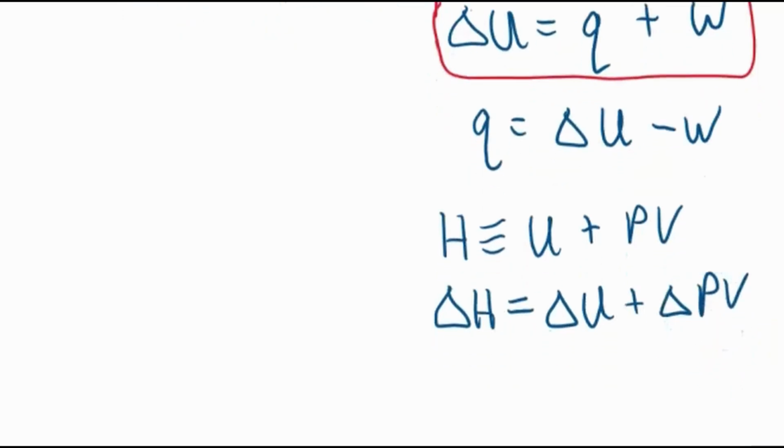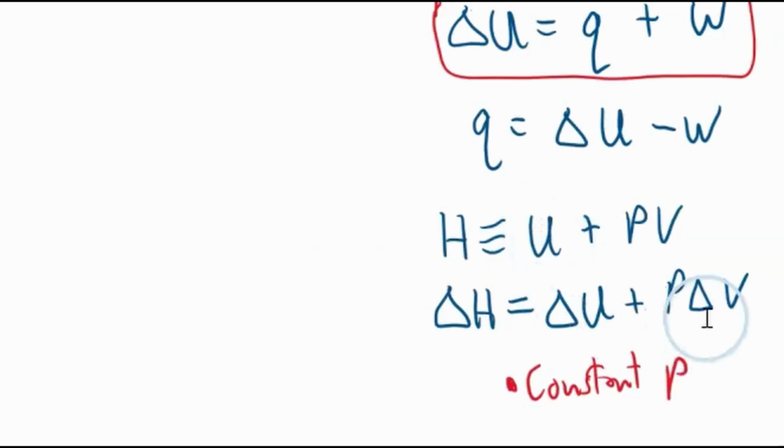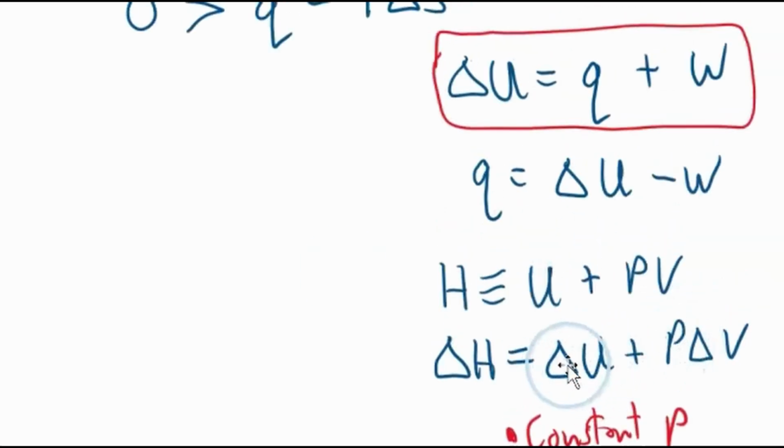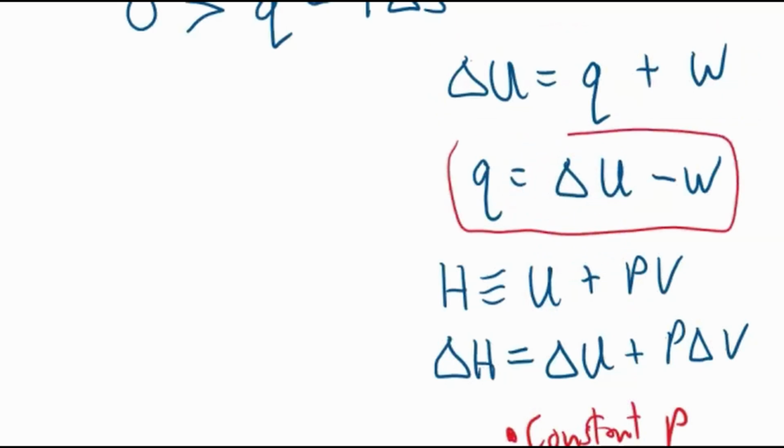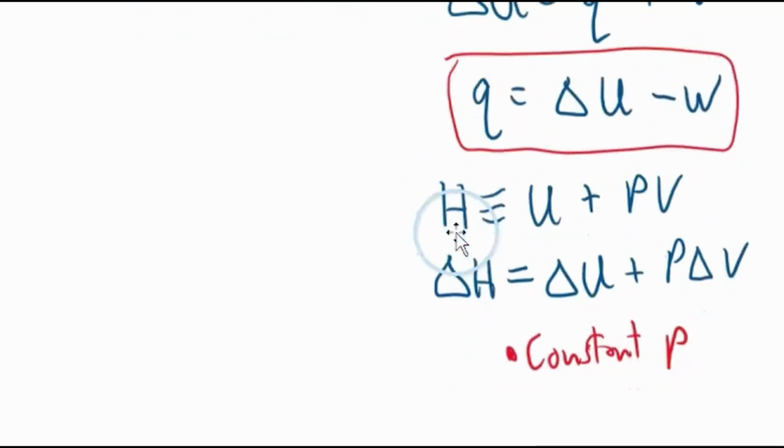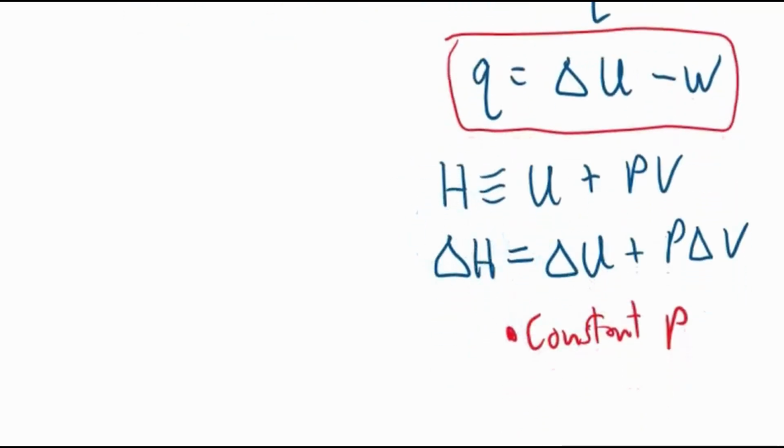Now, if we allow for constant pressure, then this P comes out. It doesn't change, so we can write P delta V right here. Okay, now we're going to solve for delta U and plug it into this equation here. So this is our main equation that we want, and first I'll solve for delta U here.